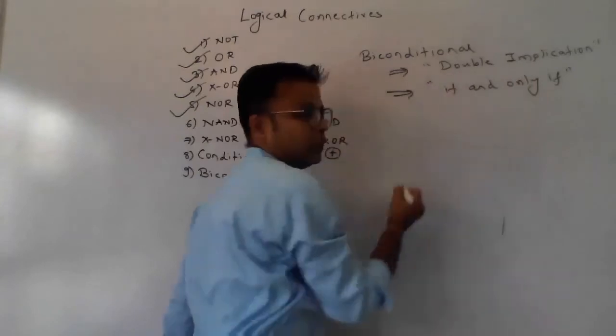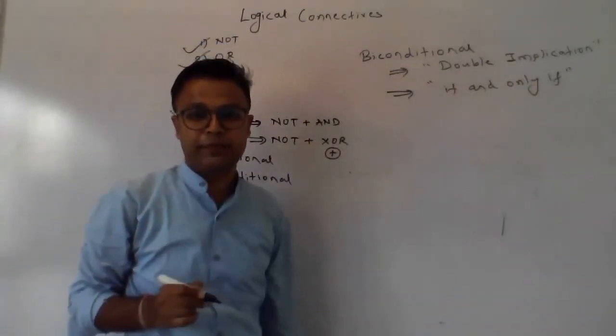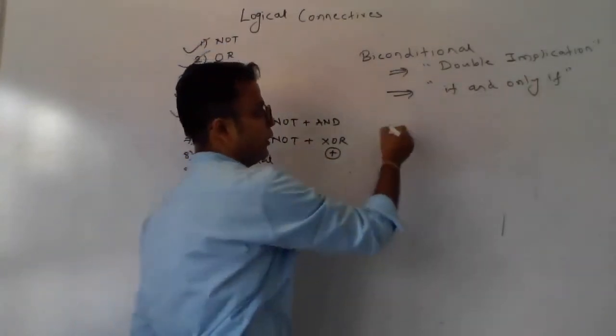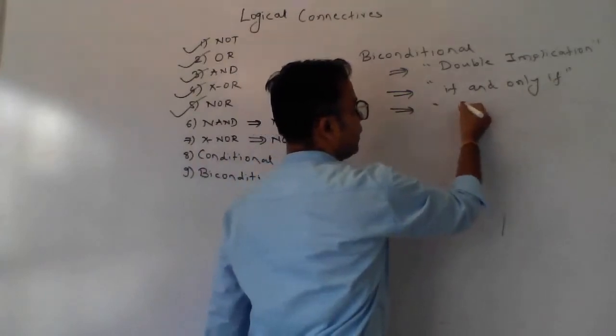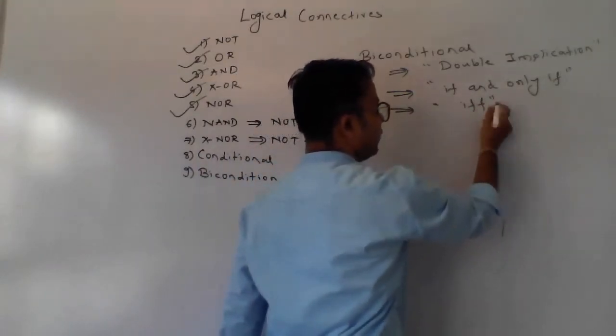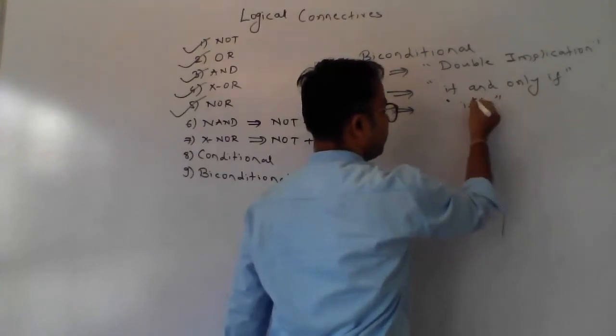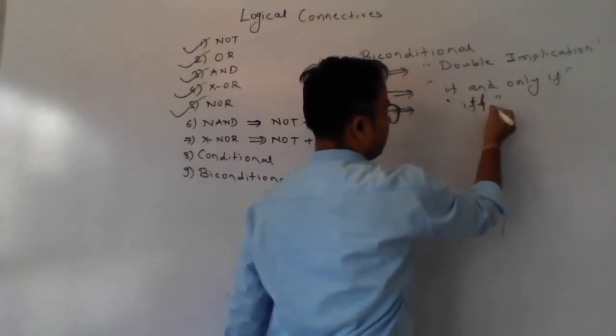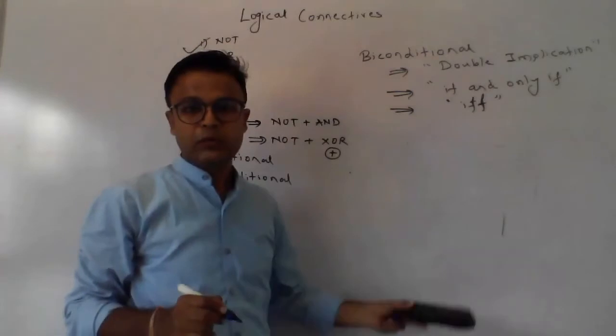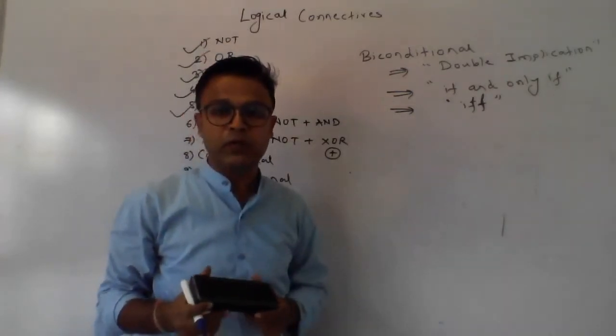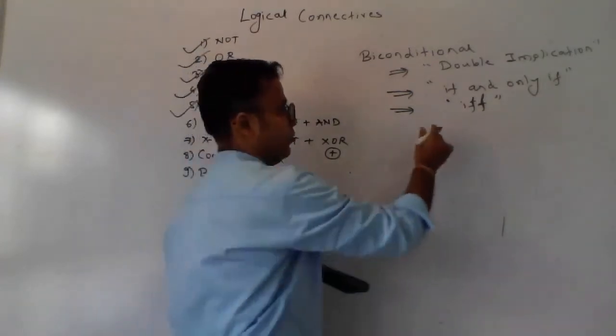If and only if, or it is denoted like iff. If and only if in short is denoted by iff. So this is the notation for if and only if.